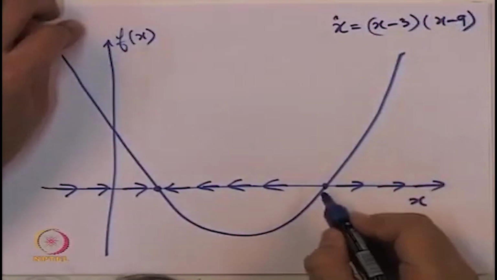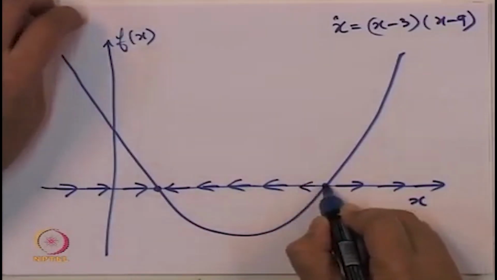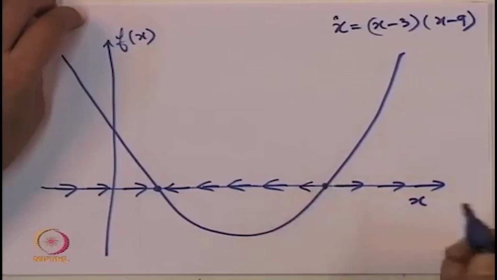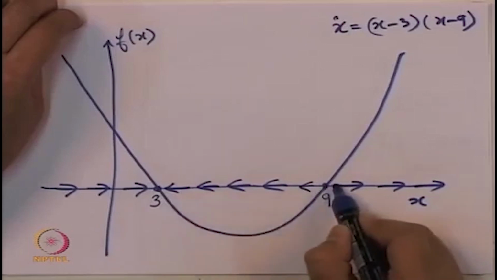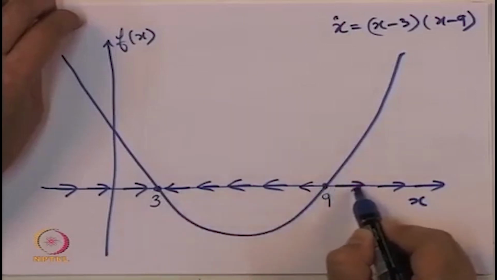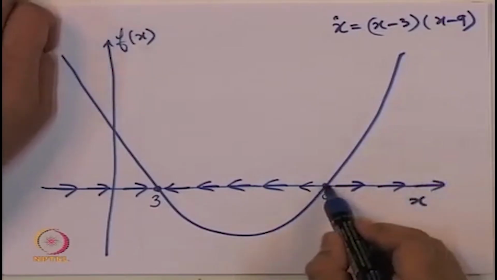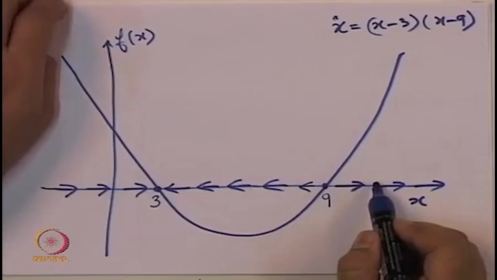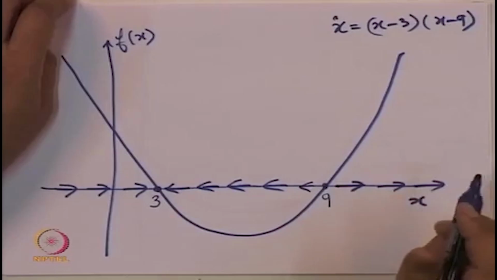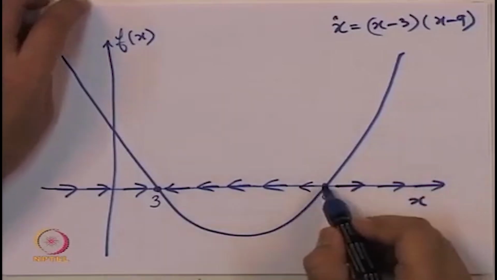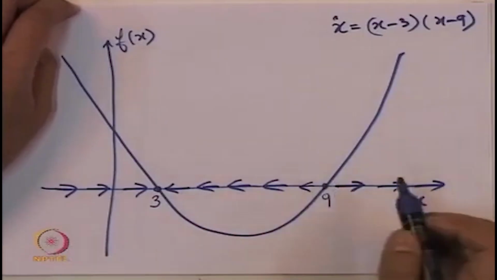Another important feature we can see here is that if we start slightly to the right of the equilibrium point 9, then x is going to increase and it will go further away from 9. So, a very small perturbation of 9 to the positive side takes that initial condition further away from 9, even though we noted that at the point 9 the trajectory remains at 9 for all future time.